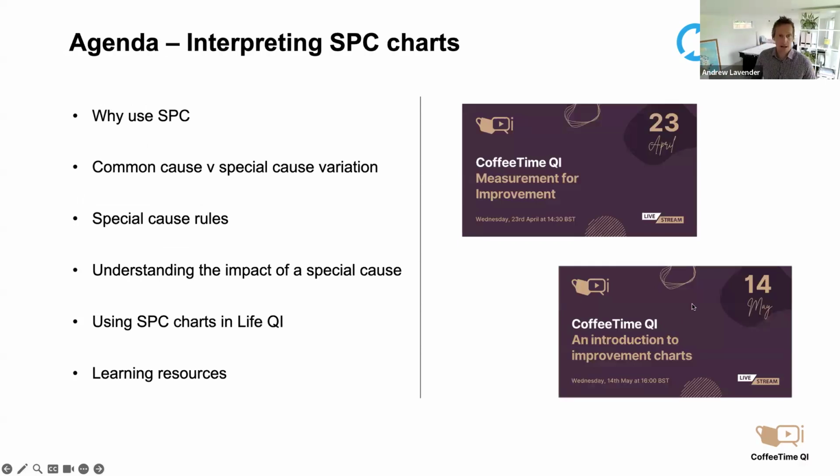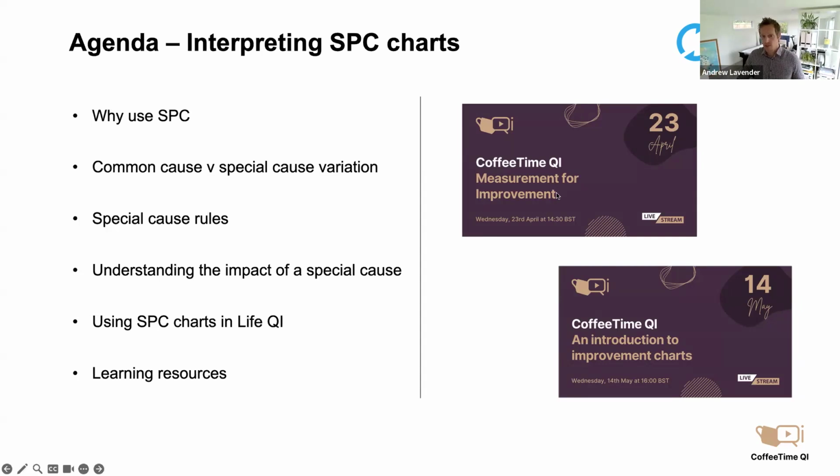First off, agenda for today. We're looking at how to interpret SPC charts. This is the third in a series of the CoffeeTime QI webinars that we've been doing on measurement and charting. There are two previous ones which you can see on the screen here. We've got our one from back in April, measurement for improvement. That was the basics of measurement, what to measure, how to measure it.